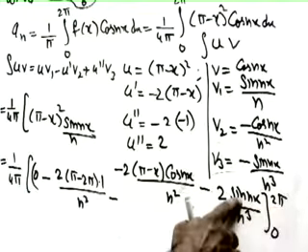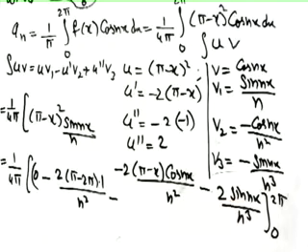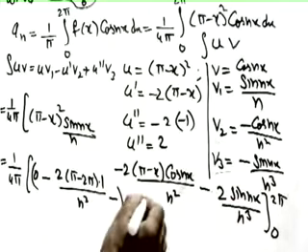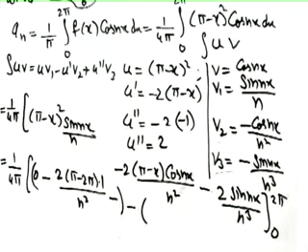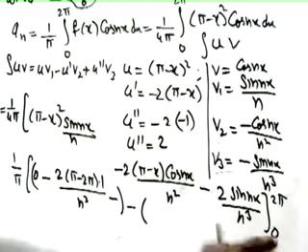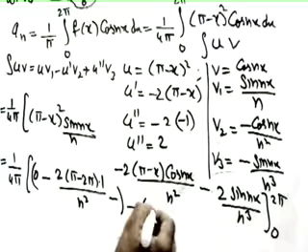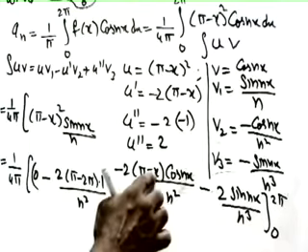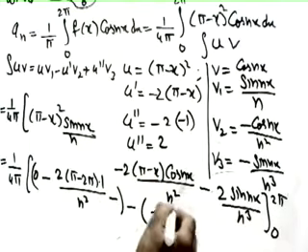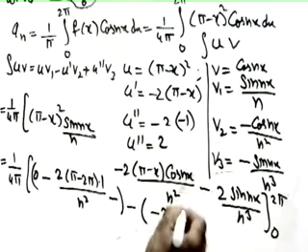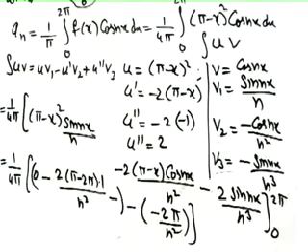Minus the last term: when we keep 2 pi here, this will become sine 2 n pi, that will be 0. So this is upper limit minus lower limit. For the lower limit, in place of x we keep 0: sine 0 will become 0. Now what will be here? Minus 2, in place of x if we keep 0, it will be minus 2 pi. Cos 0 is 1 by n square.